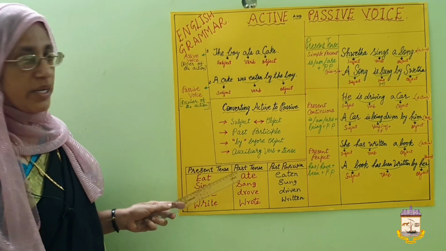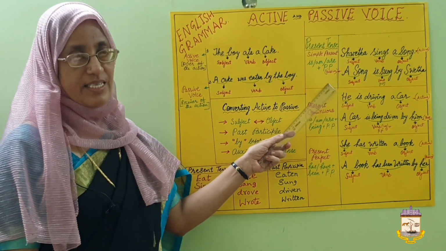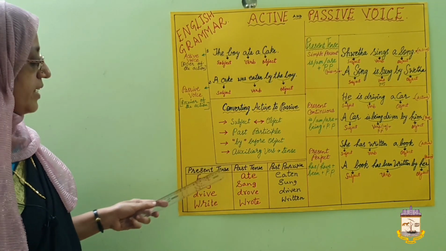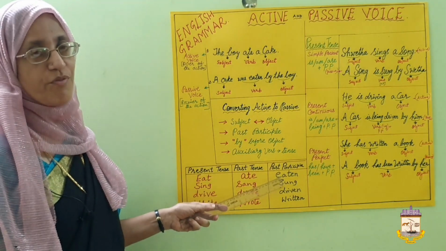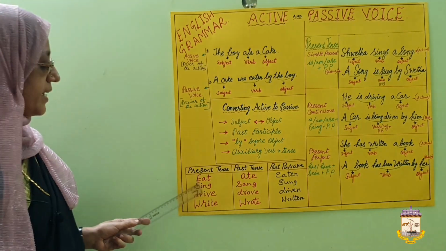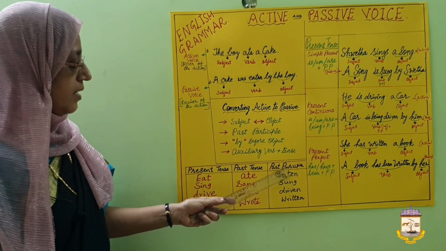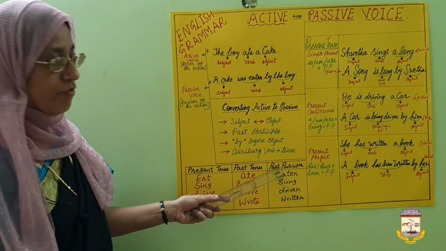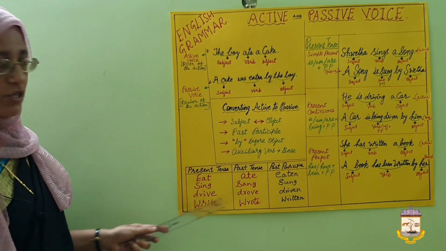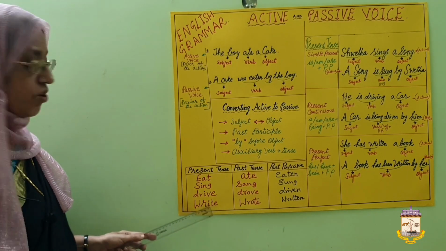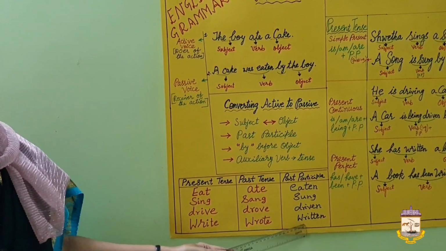Now before going into the conversion of sentences, I would just like to revise the past participle forms of a few verbs here. Eat will be ate and eaten. Sing, sang, and the past participle form is sung. Drive, drove, driven. Write, wrote, written.